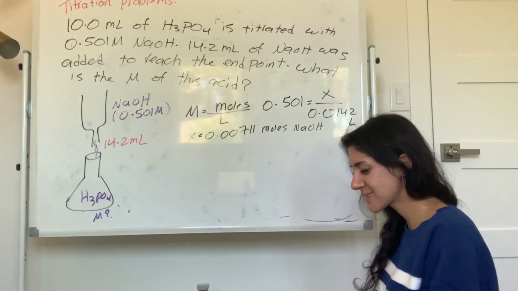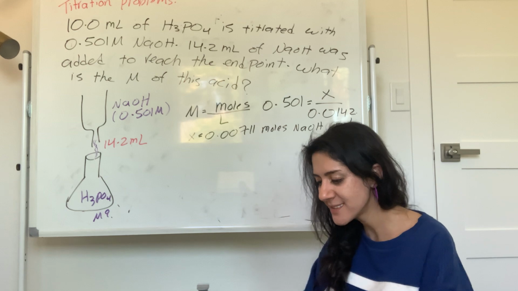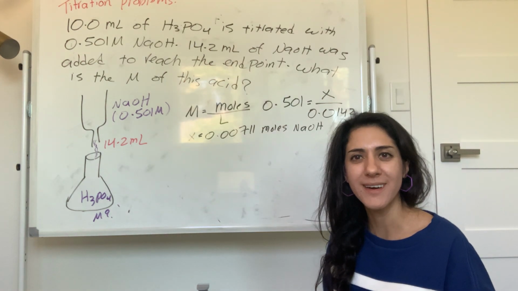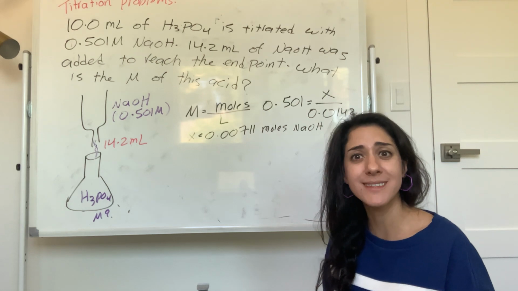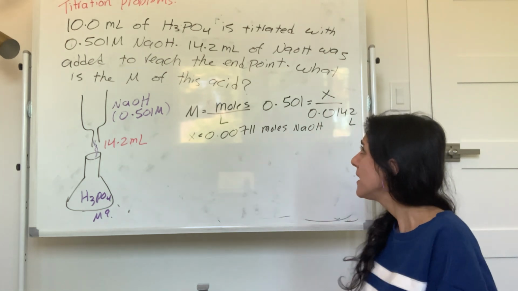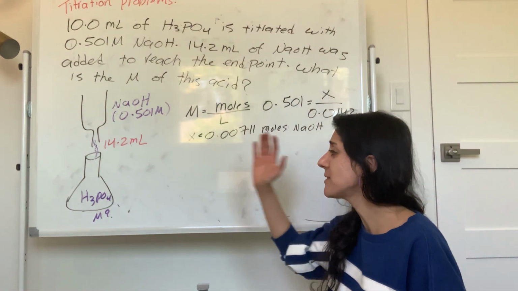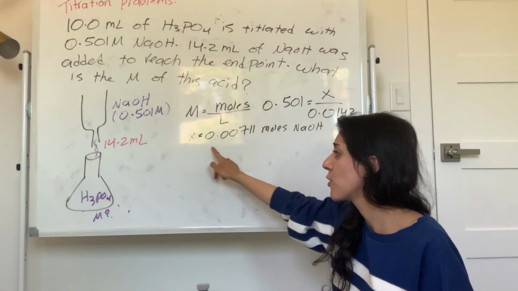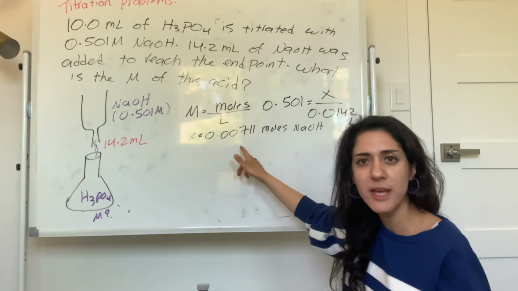So this is the first example that we have doing an acid that is not monoprotic. So let's go over how to deal with an acid that is not monoprotic. So again, if this was HCl, this number would be the same number of moles of HCl, or with HNO3.